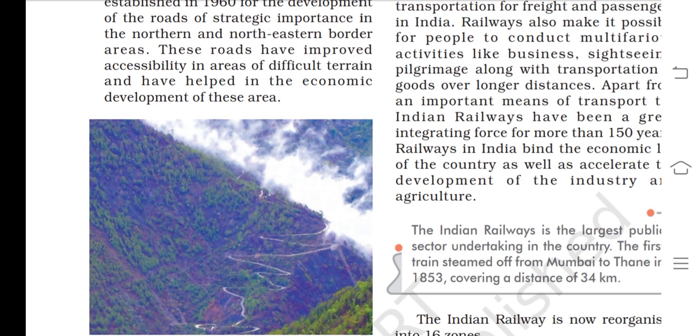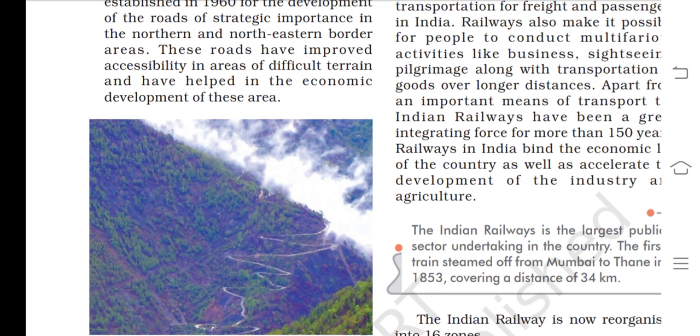Means half of the roads, not all the roads, but half of the roads are unmetalled. They are of no use in the rainy season. The national highways are inadequate too. Moreover, the roadways are highly congested in cities, and most of the bridges and culverts are old and narrow. When you go in cities, you will see that these roadways are highly congested, and you find much traffic there.